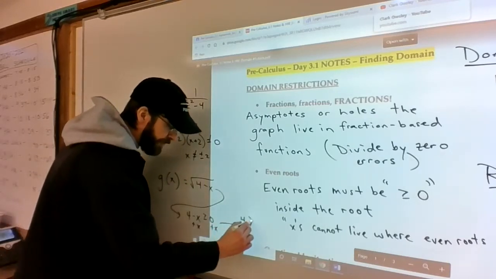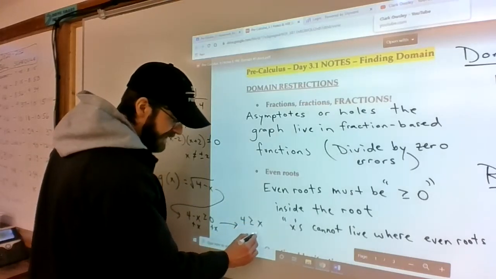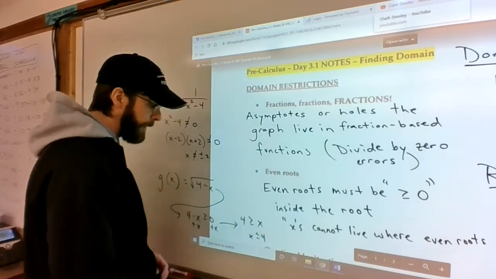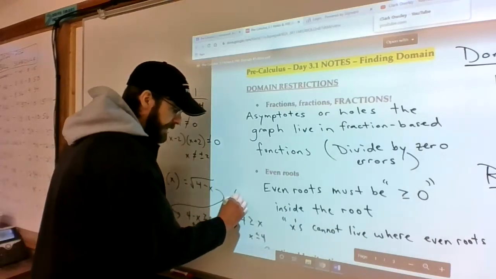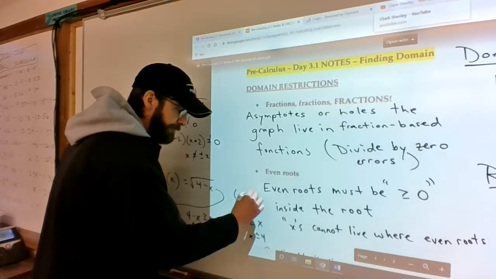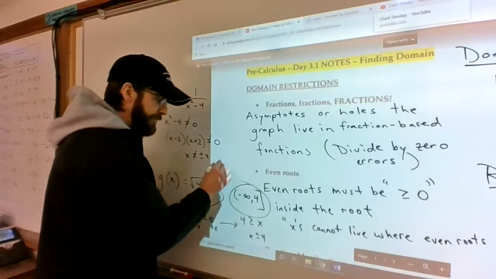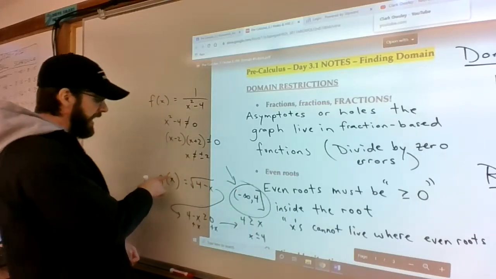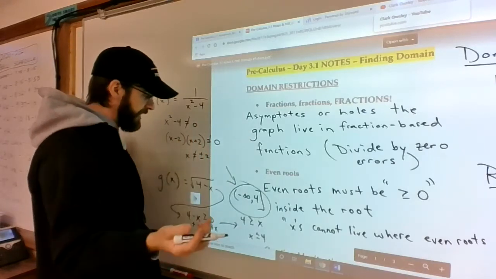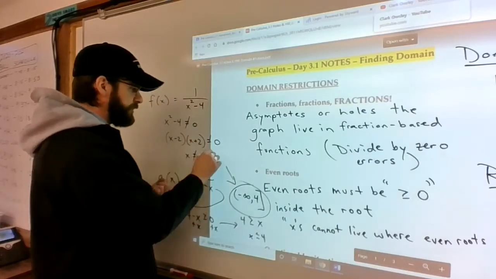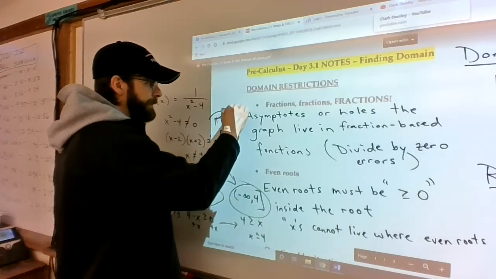You get 4 is greater than or equal to x. Probably better to talk about it with x on the left-hand side: x is less than or equal to 4. This tells us the domain of this function can be from negative infinity to 4, but that's it. And for the fraction example, the domain would be all reals except x can't be plus or minus 2.